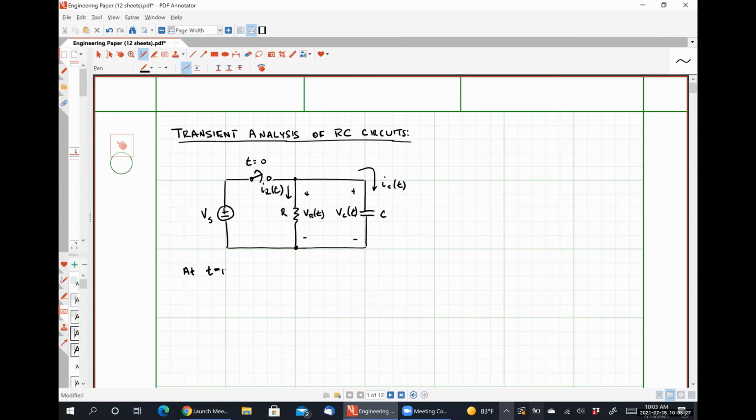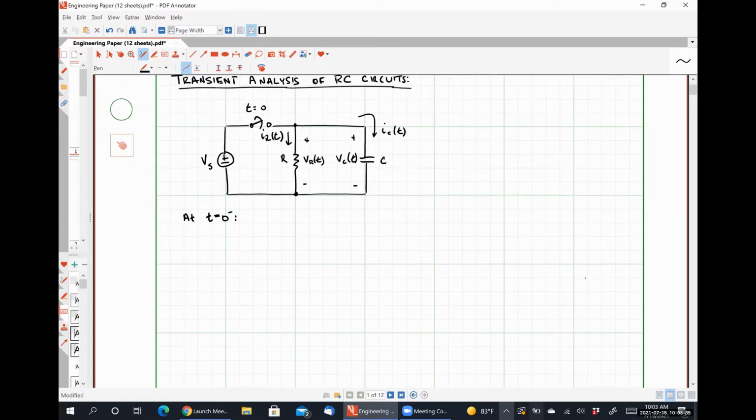Right. So at time t equals 0 minus, immediately before our switch changes states, our circuit is going to look like this, right? We have some voltage source Vs. Because our switch is closed, it's going to look like a short circuit. Then we have our resistor and our capacitor. Because we are at DC steady state, the capacitor is going to look like an open circuit.